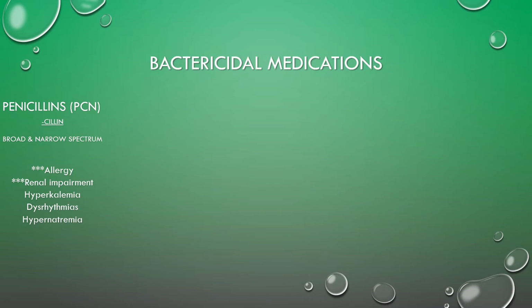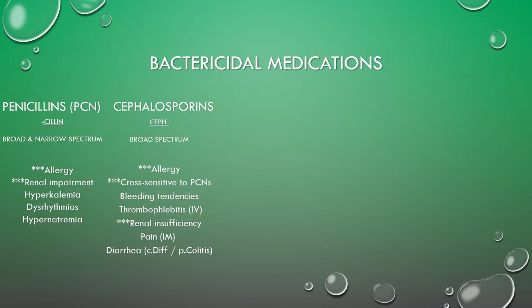What does an allergic reaction look like? What does renal impairment look like? Those things you're going to have to know for your test, know for your clients, and know for your education for your clients. Hyperkalemia, which is an increased potassium level, dysrhythmias, and hypernatremia, which is a high sodium level, are also possible with penicillins.